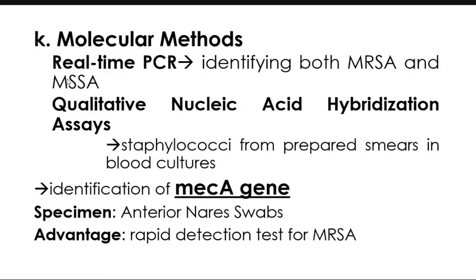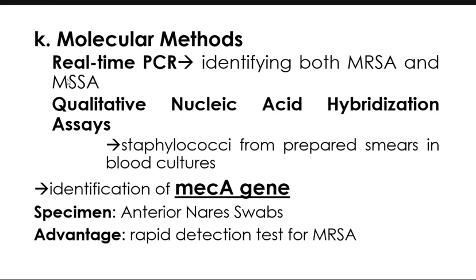Now, we have molecular methods. Of course, pag molecular methods na ang pinag-uusapan natin, then we have our PCR. But ano ang use ni PCR? This is more into identifying our methicillin-resistant Staphylococcus and also our MSSA. So, ano ang hinahanap natin when you're doing your real-time PCR?